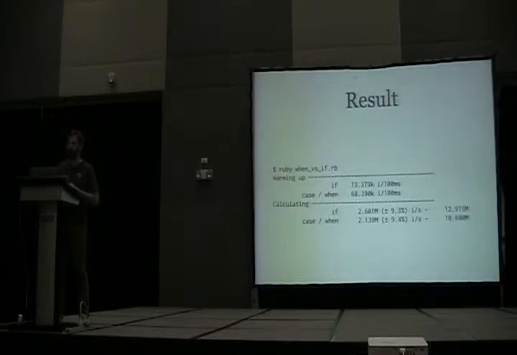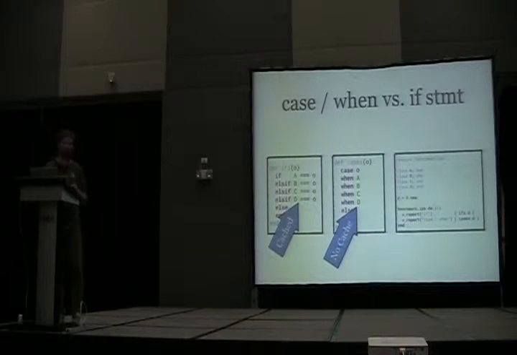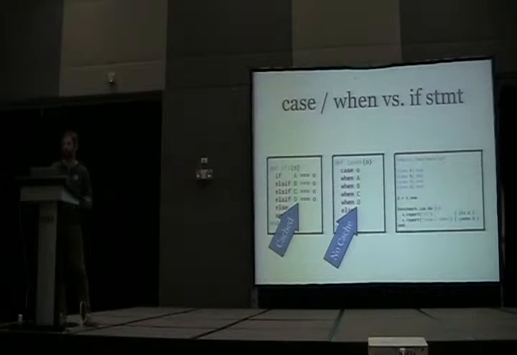But if we run this benchmark, you'll see that the case when statement is actually slightly slower than the if-else counterpart. So why is that? The interesting thing is that this call site with the triple equals actually has a cache. We cache the lookup of the triple equals, but there is no cache with the case when statement.